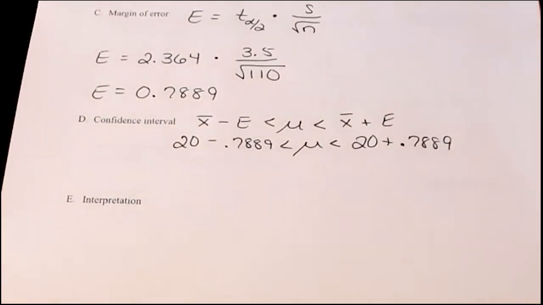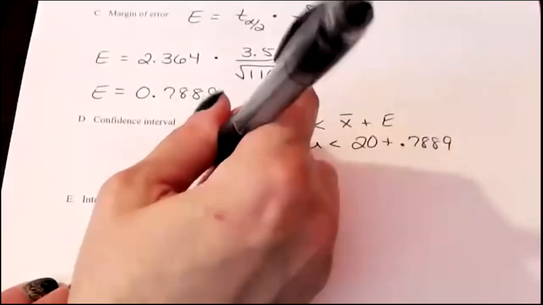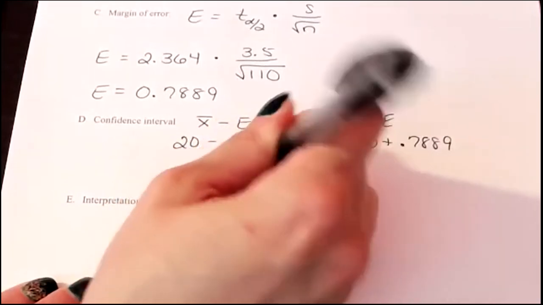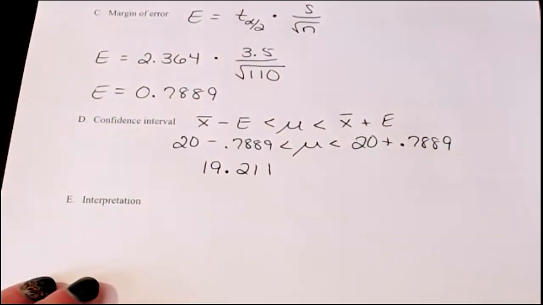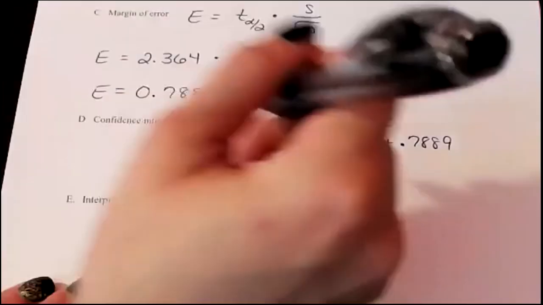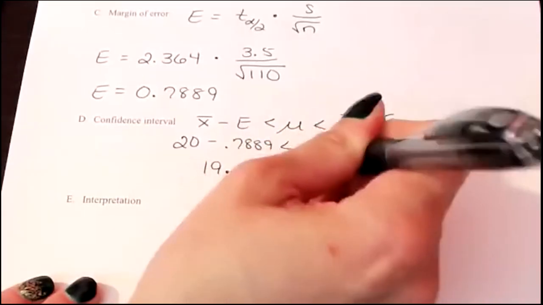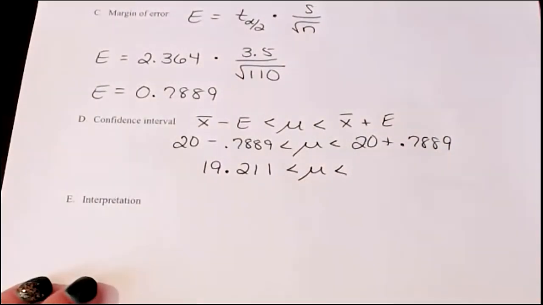What is your lower bound? 19.2111. Yes. So I'll just round to 3 places after the decimal, 19.211. That's perfection. And what is your upper bound?